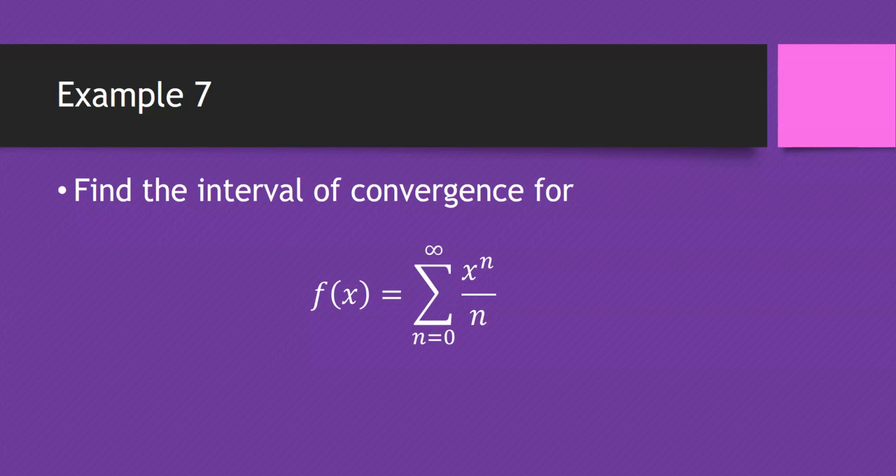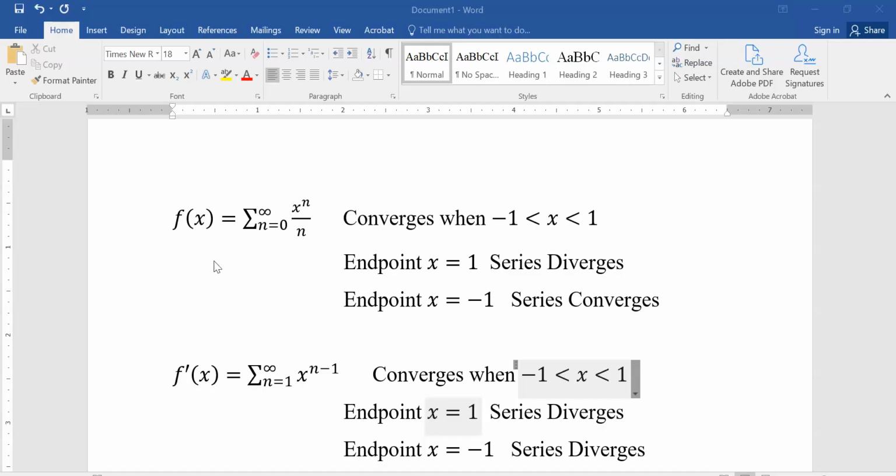And if we did the antiderivative of f of x, we're going to have the same interval of convergence, again from -1 to 1, but at both endpoints, it turns out the antiderivative converges. I apologize.